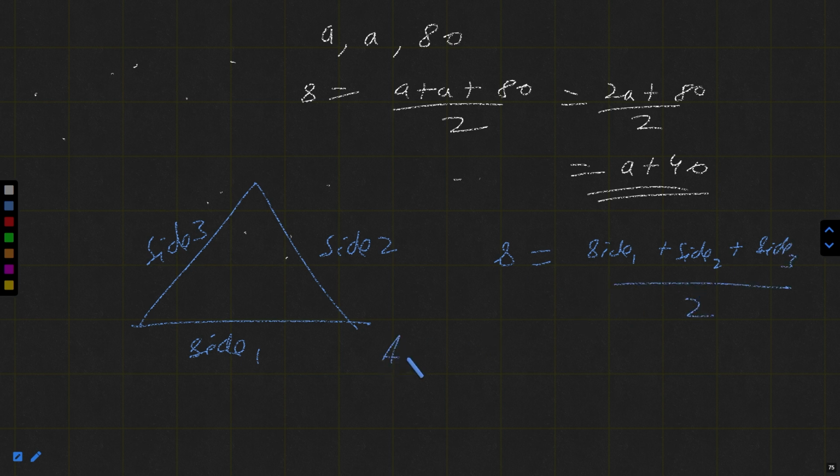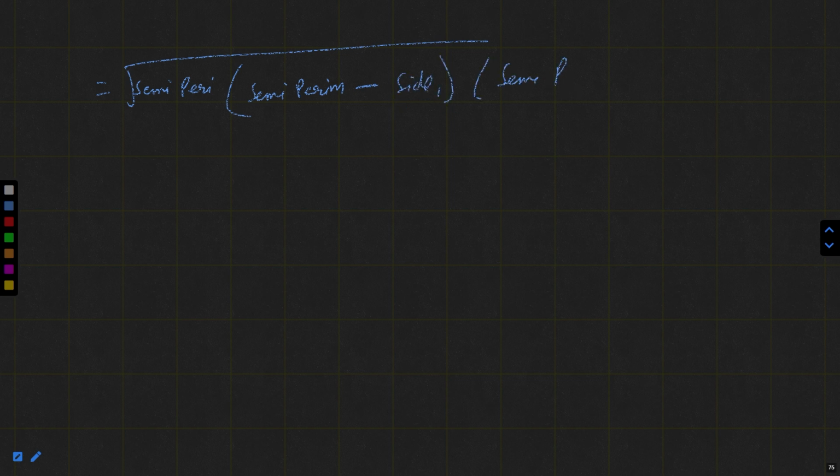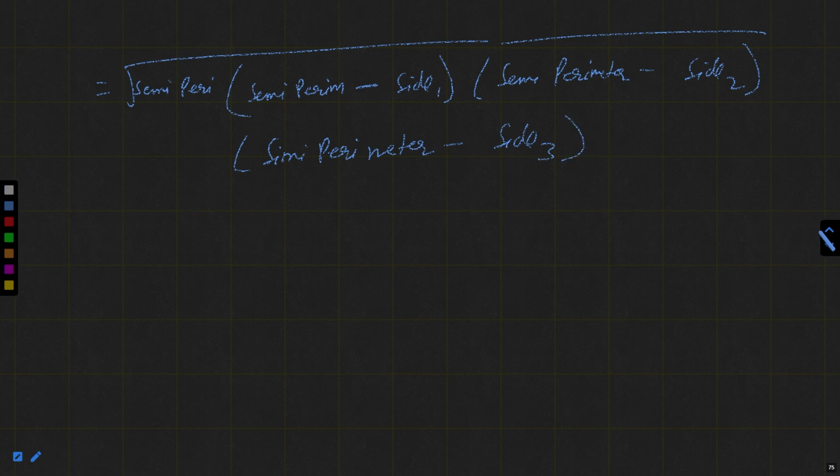The area of this triangle by Heron's formula is equal to the root of semi perimeter times semi perimeter minus side 1, times semi perimeter minus side 2, times semi perimeter minus side 3. I hope this is clear to you.